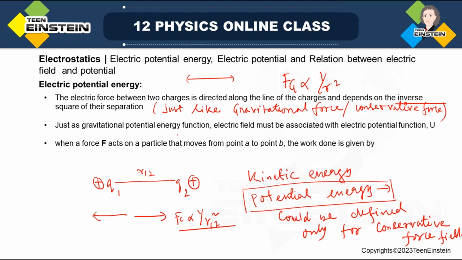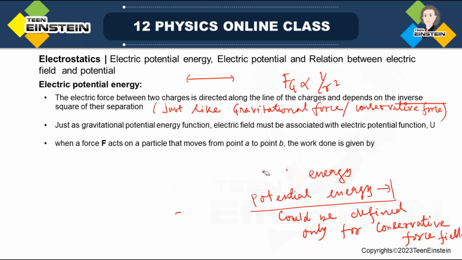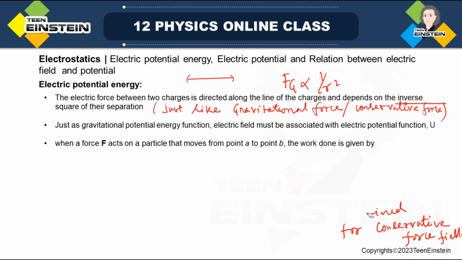Just as we defined gravitational potential energy, we could also define potential energy for the electrostatic field. In other words, since gravitational force and electrostatic force are both conservative in nature, and in gravitation we defined gravitational potential energy U, here also the electric field must be associated with some electric potential energy function U. So that we can expect.